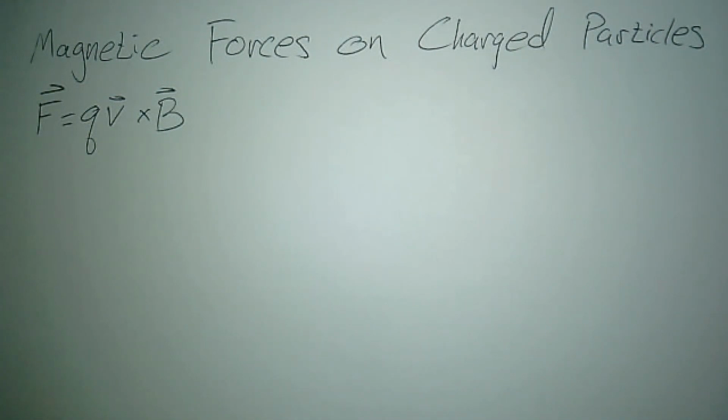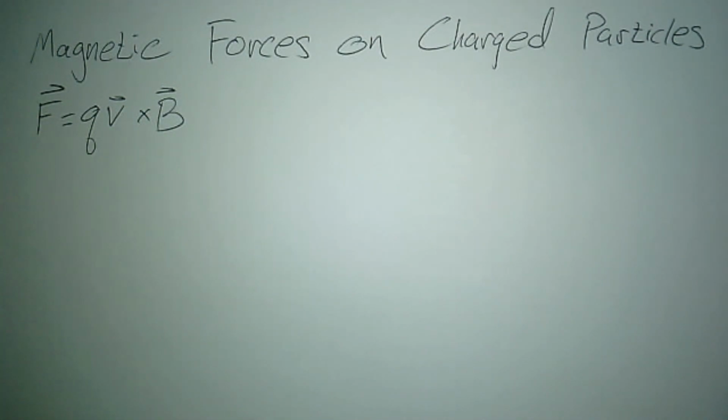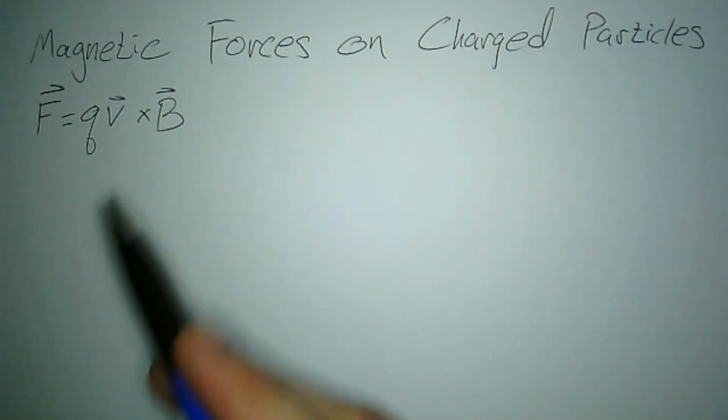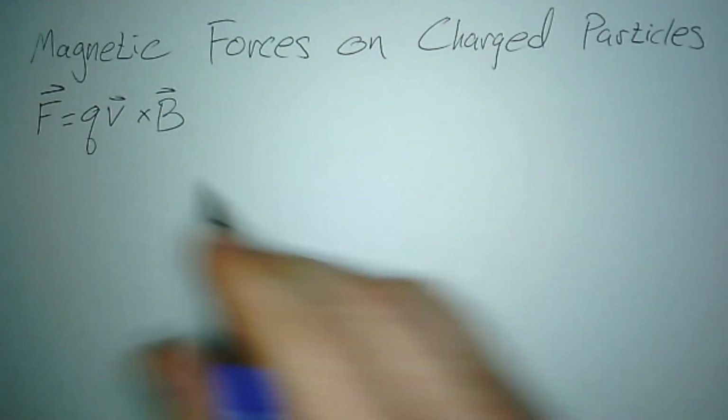This is one of the ways we multiply vectors. With cross products, your force vector has to be perpendicular to both your velocity vector and your magnetic field vector.